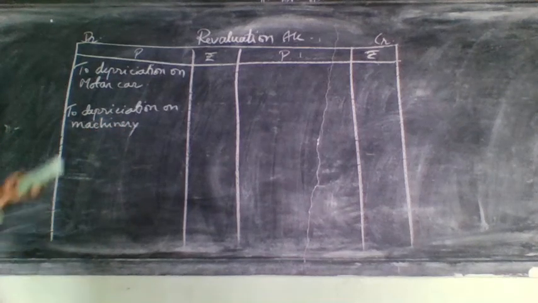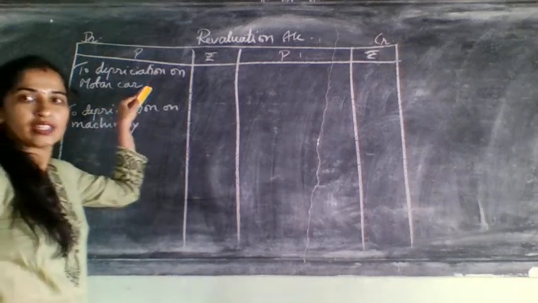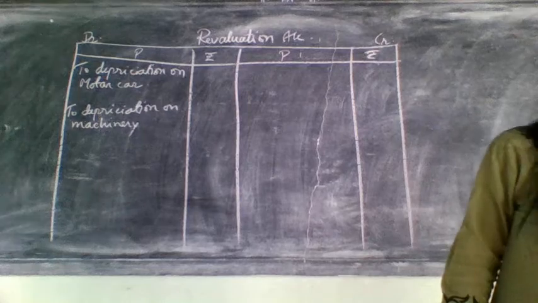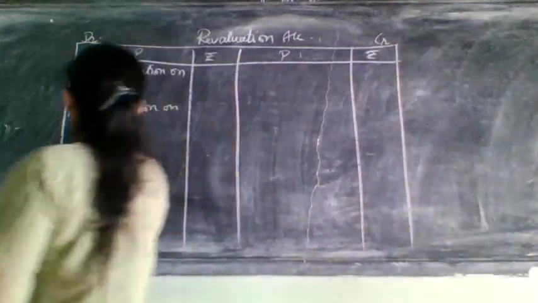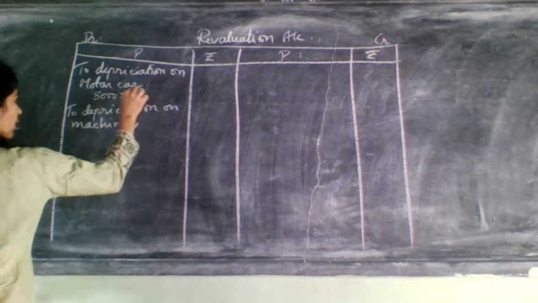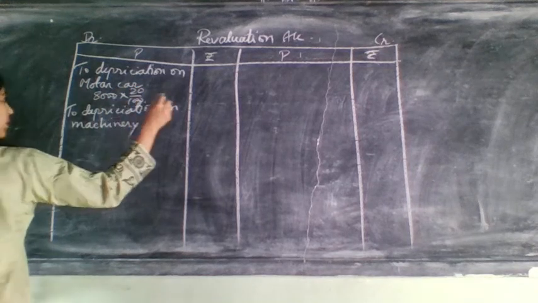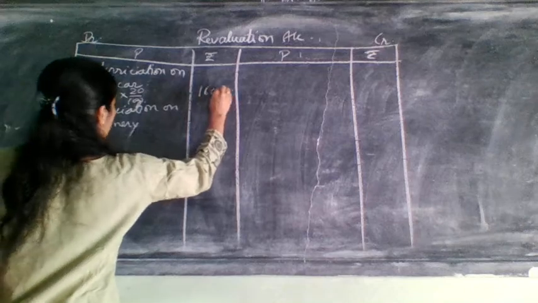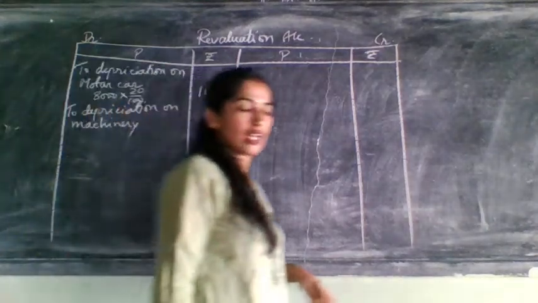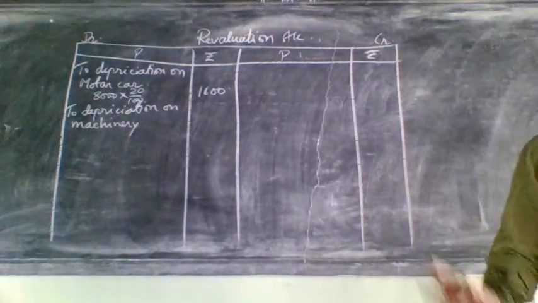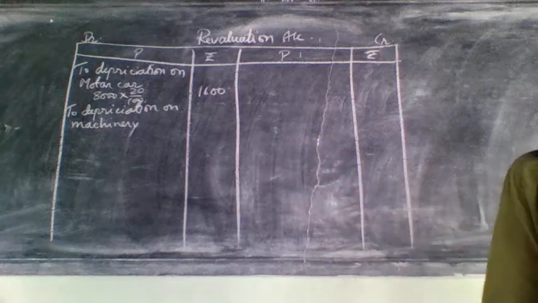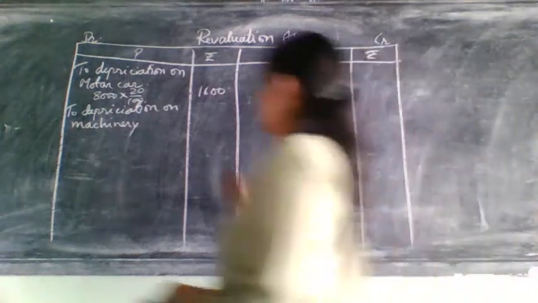When they give a percentage, check the motor car value in the balance sheet. The motor car value was how much? 8,000. For that 8,000, we need to charge how many percent? 20%. 8,000 into 20% comes to 1,600. Next, depreciation on machinery: there they only gave the amount. First a percentage for the first asset, second an amount for the second asset, that is 3,800.